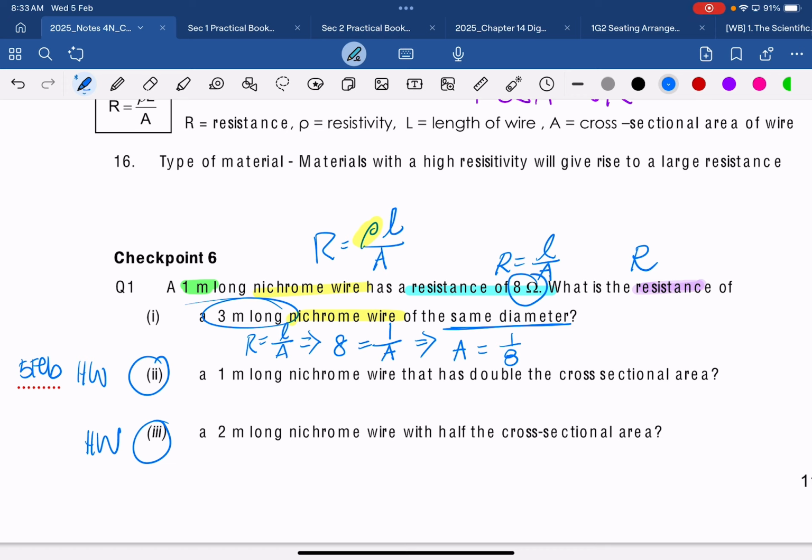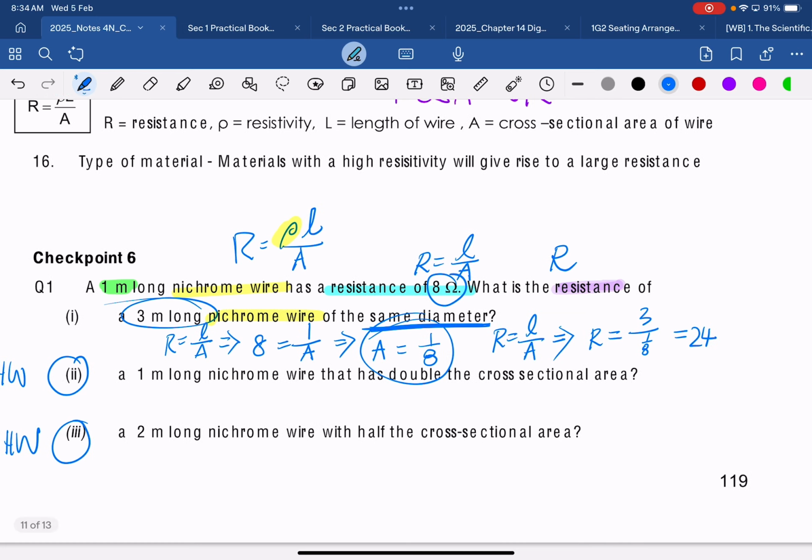Then using the same A, because of the same diameter, I repeat the formula again, rho L over A. Now I'm supposed to find the resistance, my length is 3 meters, and my A, because it says same diameter, is 1 over 8. So press the calculator, 8, 16, 24. 24 ohms.